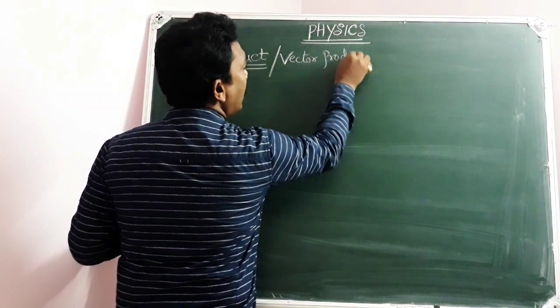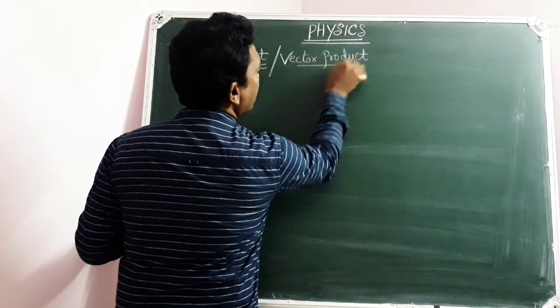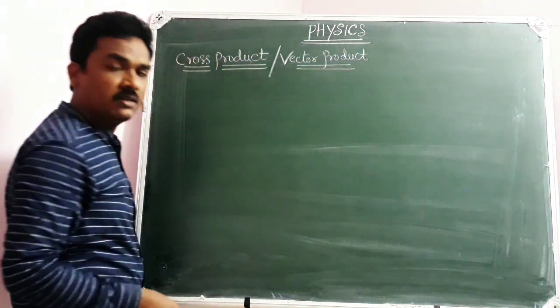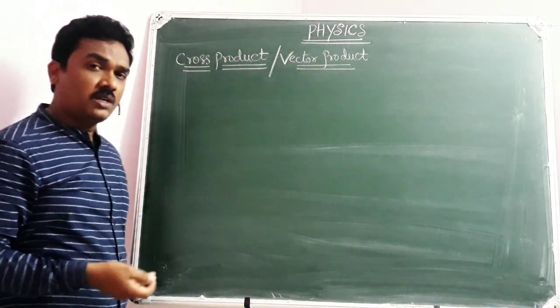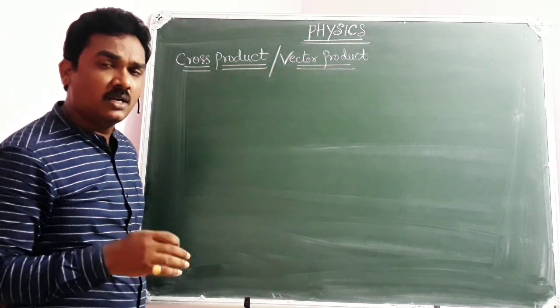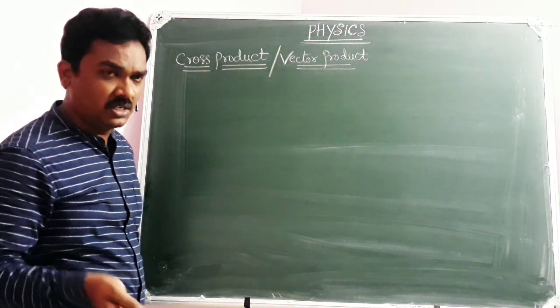Let us see how the cross product of two vector physical quantities is defined. In the case of dot product or scalar product, a bar dot b bar equals ab cos theta.